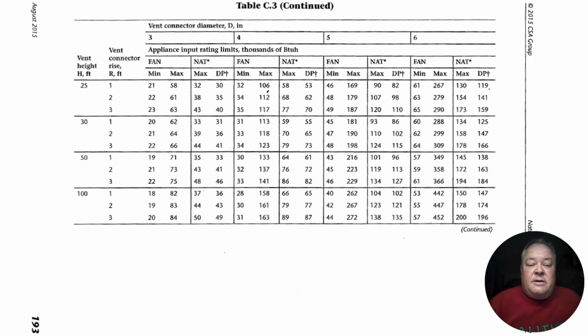We have 100. So we're going to come on over here to the second column, if you will, for fan assisted, which is going to be a minimum of 34,000, a maximum of 123,000. So 4-inch is going to be the vent connector size of choice for that actual piece of equipment.